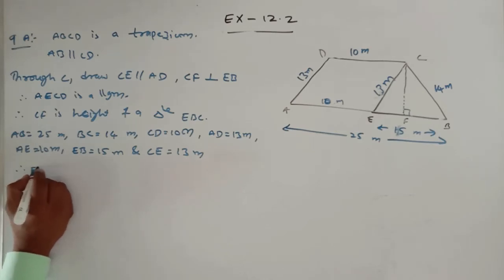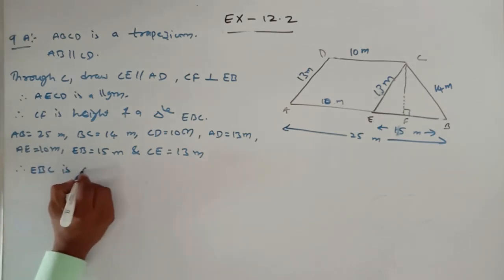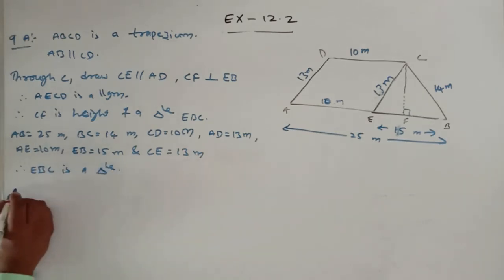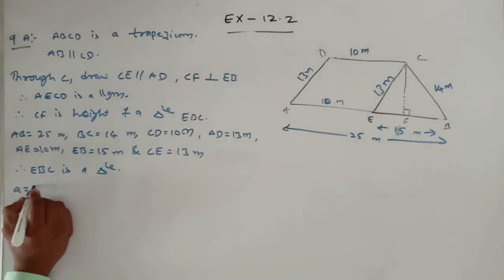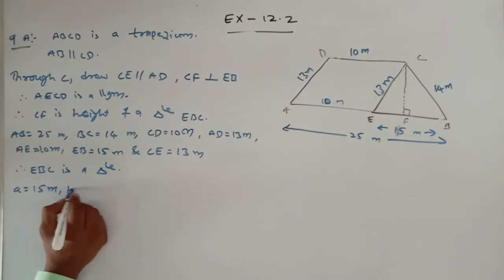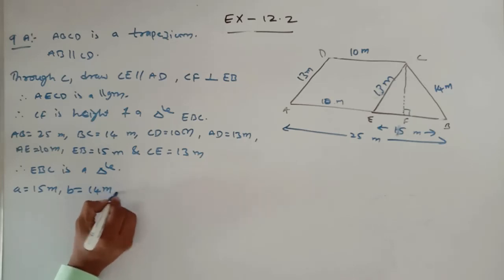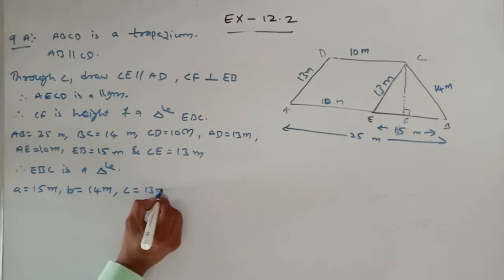Therefore EBC is a triangle. Hence a is equal to 15 meters, b is equal to 14 meters, c is equal to 13 meters.